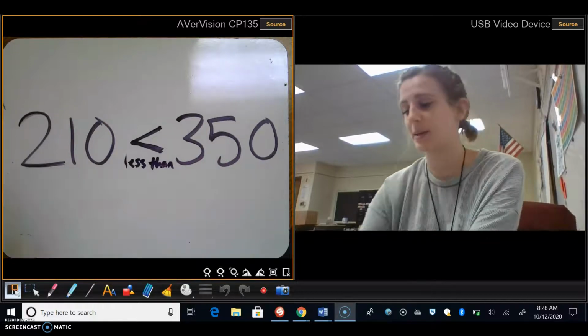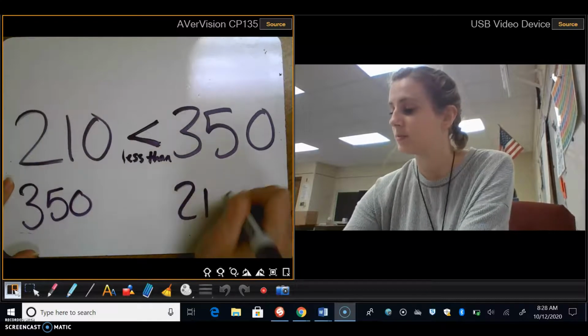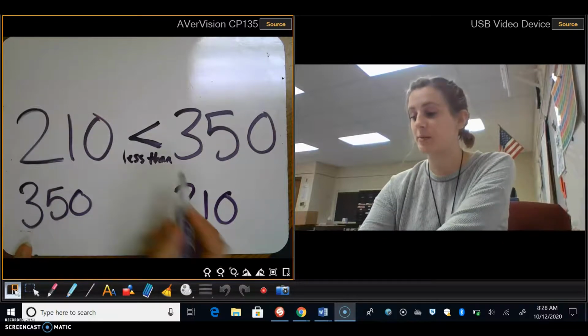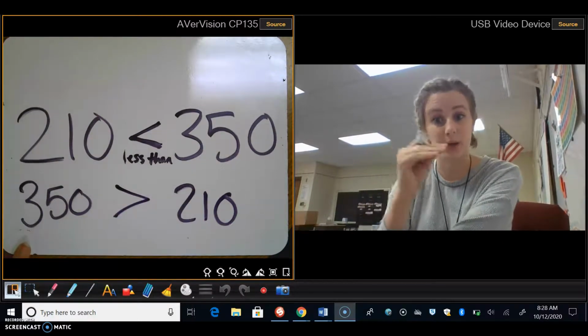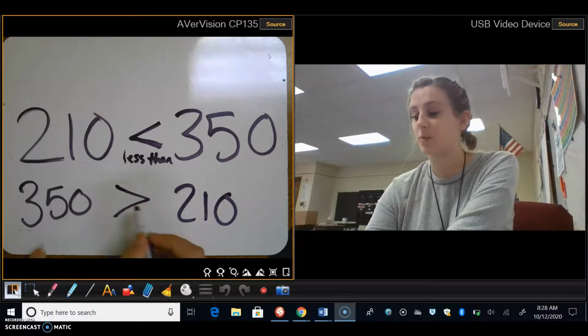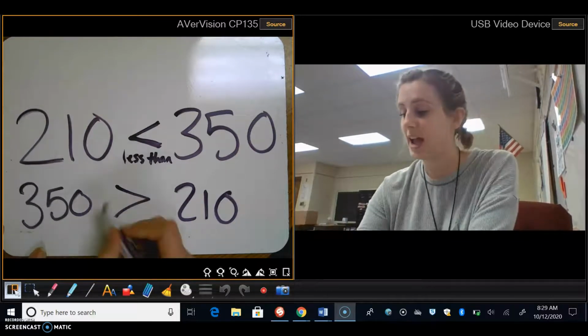But what if I flop it this way, ready? So I know that my greater number is on this side, so I'm going to make my alligator face that way, right? Because he always wants to eat the bigger number. So now I can see, and I'm going to write, 350 is greater than 210, right?